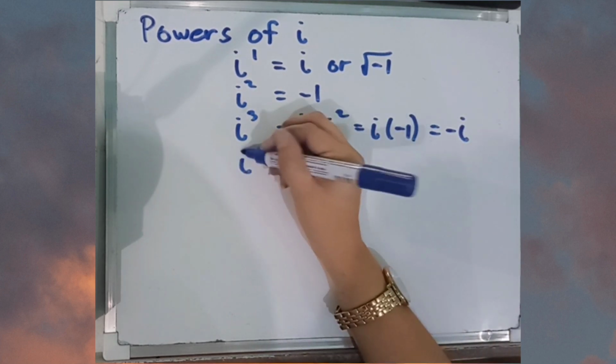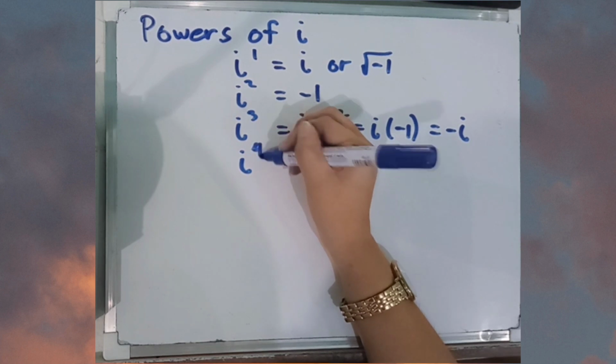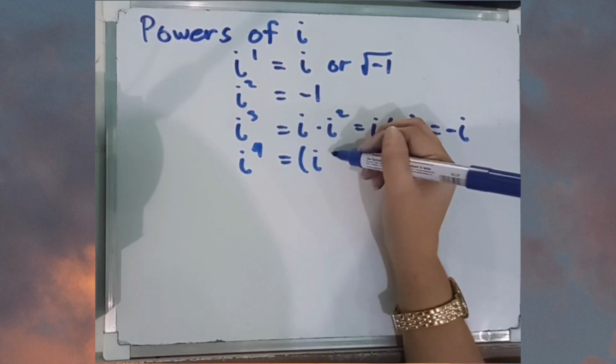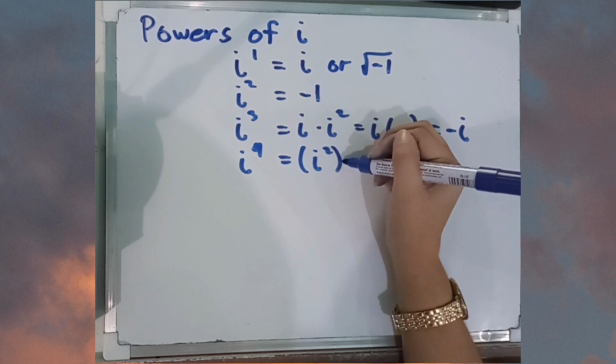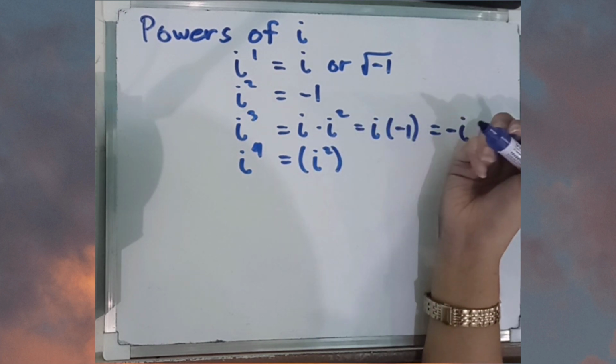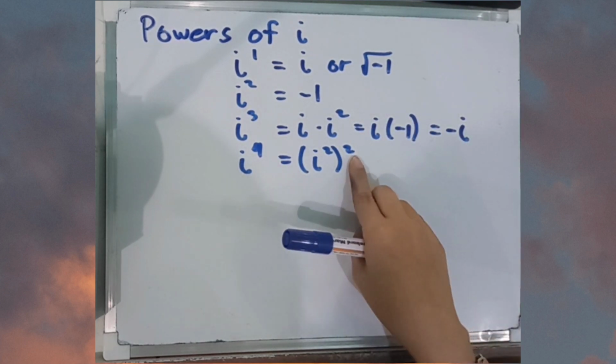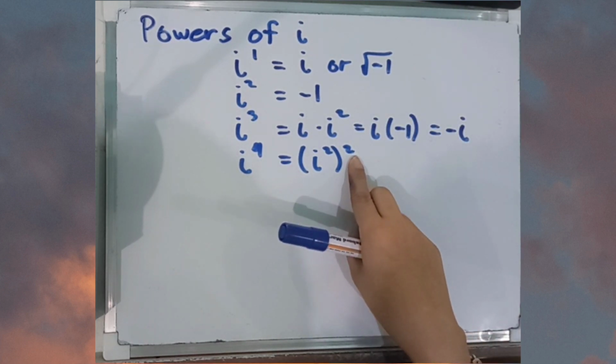If we have i to the 4th power, we can rewrite that one as i squared times i squared, or simply raise it to another exponent 2.